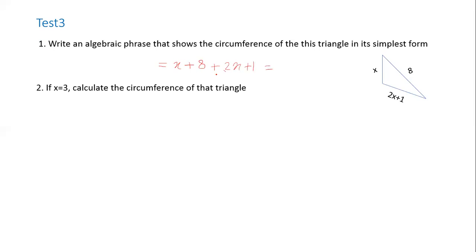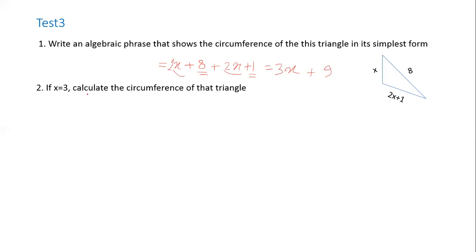Here we have 2x and x are like terms, and they are changing terms. We sum the coefficients. Here we have 1 and here we have 2, so we have 3, and we multiply this by x, then we sum the fixed terms, so it's 3x plus 9. This is the algebraic phrase.